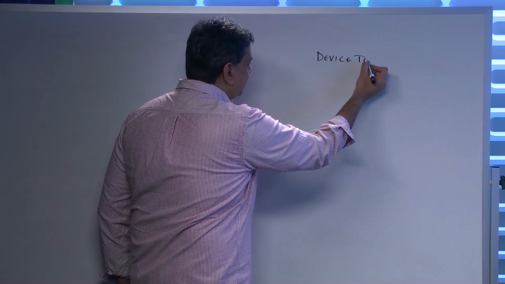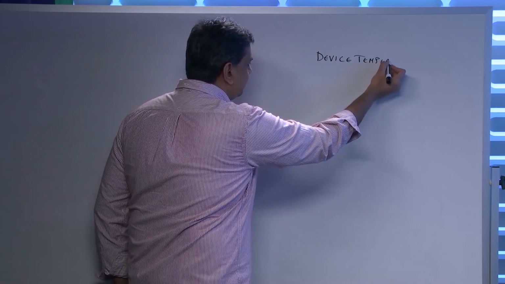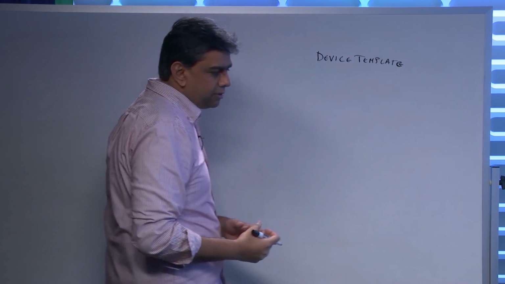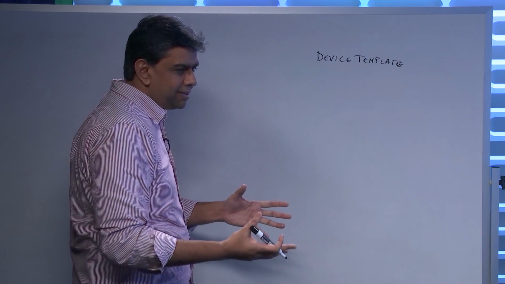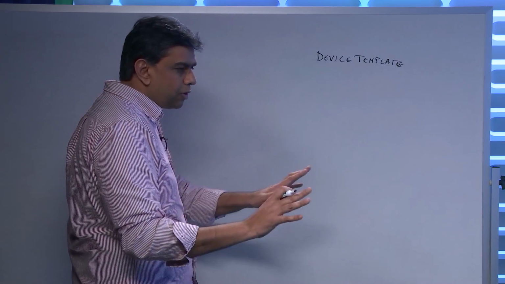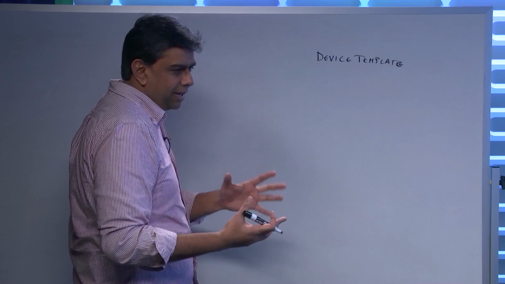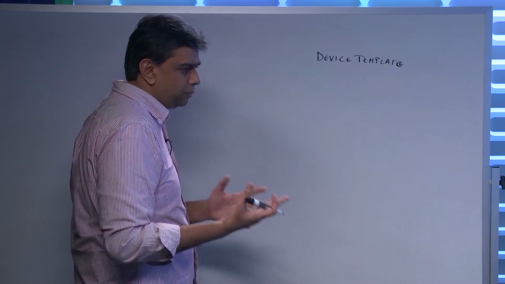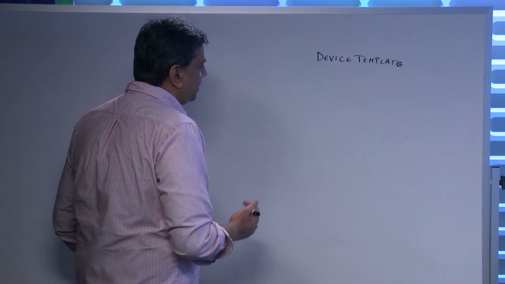You start building this template, and as of today, you can build a template for an IoT device, or you can build a template for an IoT Edge device. We fork off a little bit because the edge concepts have some extra features which you'll have to work with as far as the edge device is concerned.